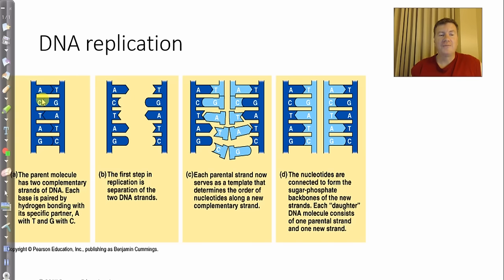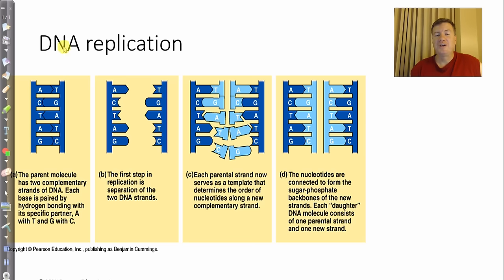So if you look here, we have our original molecule, A bonds to T, C bonds to G, T to A, G to C. During the DNA copying phase, and we'll look at that a little bit later, in one part of the cell cycle, the DNA is going to copy itself to get ready to put one copy into one new cell and one copy into the other.